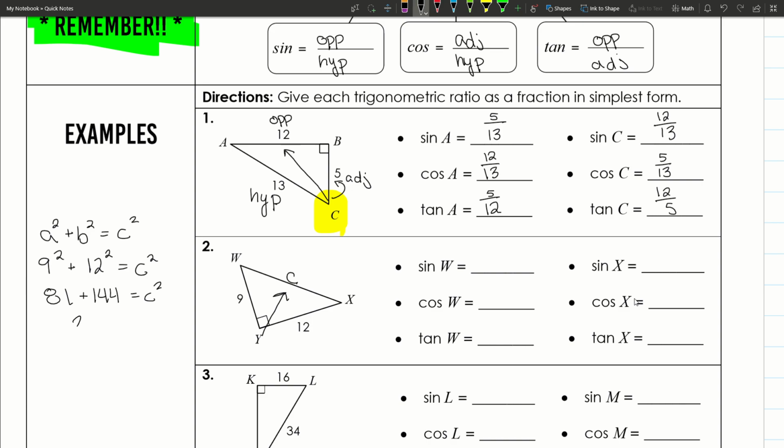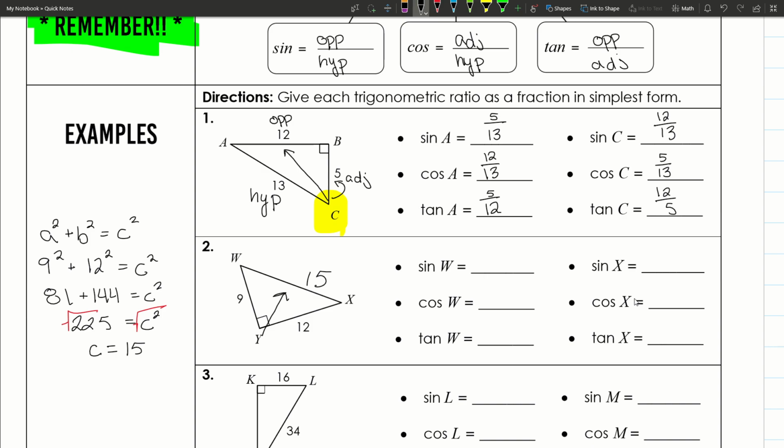When we add those together, we get 225. And to undo our square, we take the square root of both sides. And the square root of 225 is 15.